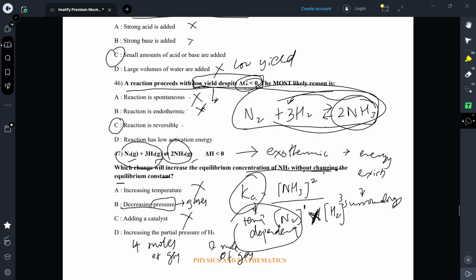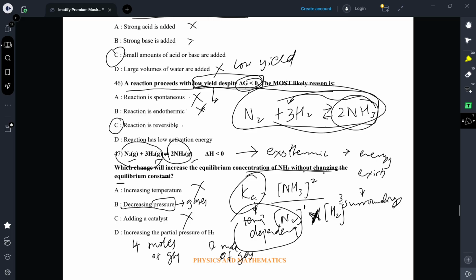Now if we decrease the pressure, then the reaction will try to increase it. If we decrease it, the reaction will do the opposite. This is the Le Chatelier principle.